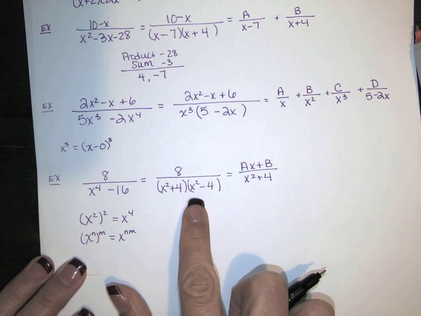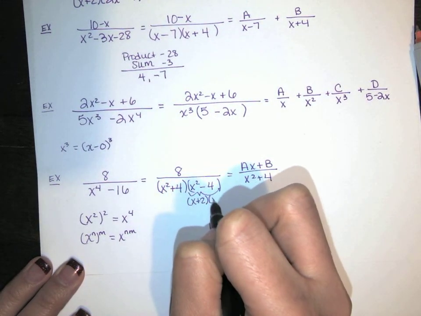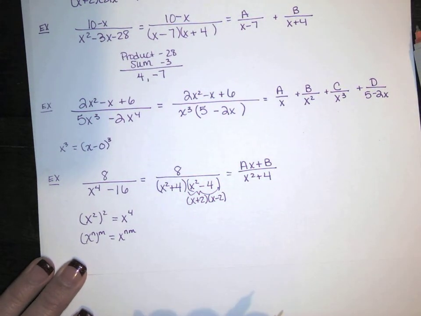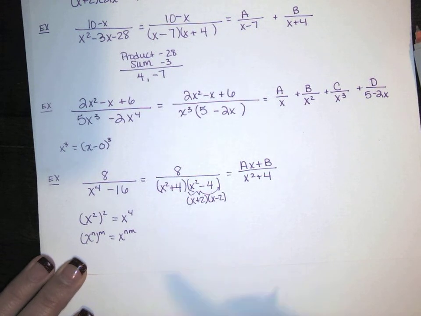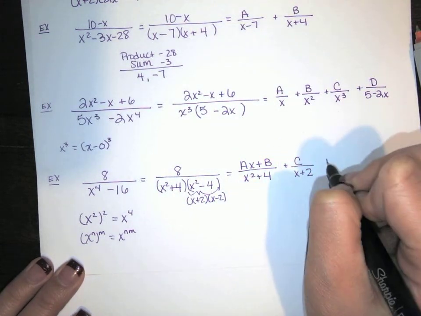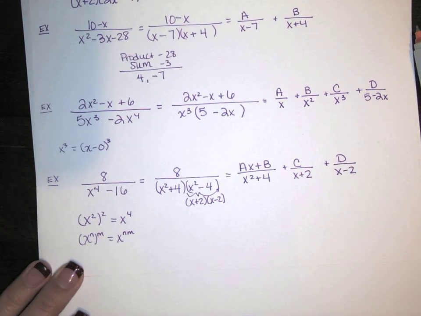But be careful about this. That's also a difference of squares, so we can factor that further. So I've got a linear factor and a linear factor. So I'll have a constant over the first linear factor plus a constant over the second linear factor in my partial fraction decomposition.